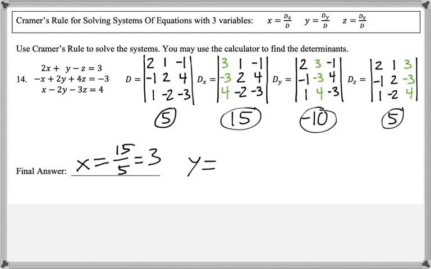Y is equal to dy over d, so -10 over 5, which is -2. And then z is equal to dz over d, which is 5 over 5, which is 1.